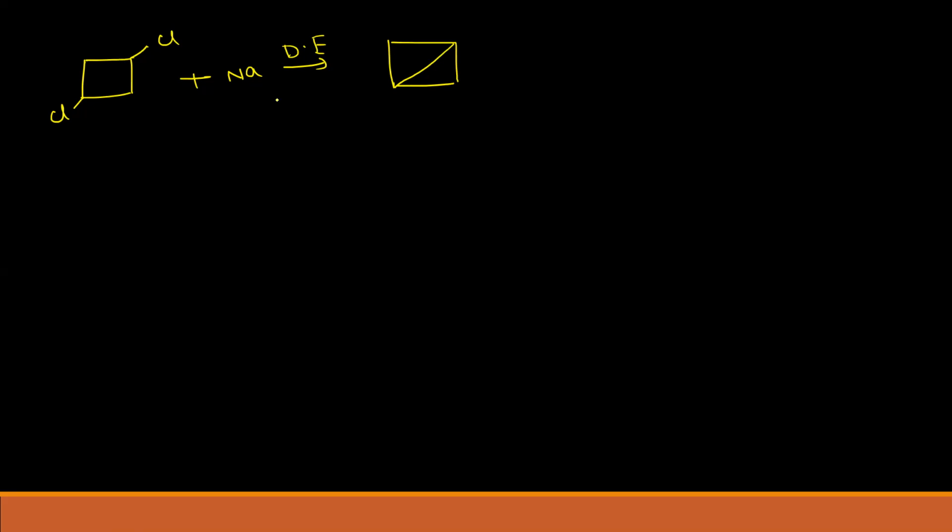Whenever such compounds undergo the Wurtz reaction, you will get bicyclo compounds. For example, here also the same thing, we get a bicyclo compound. So because of the internal Wurtz reaction, cyclic compound formation also takes place.